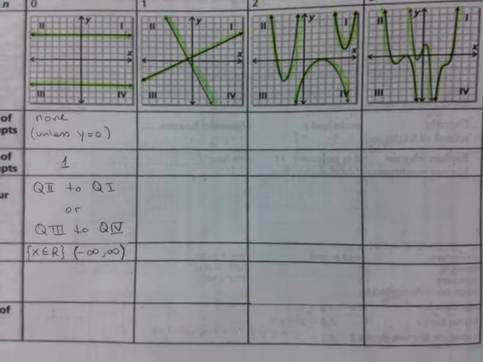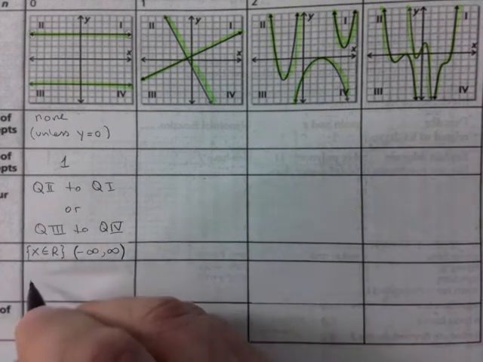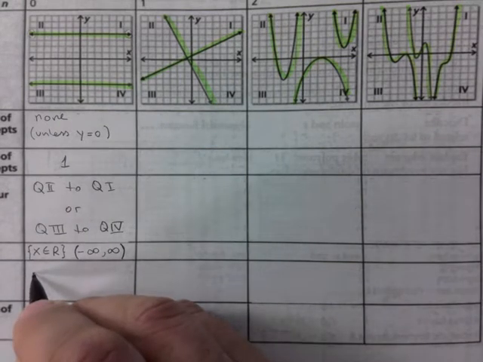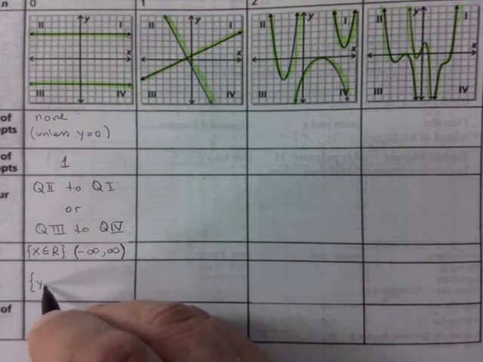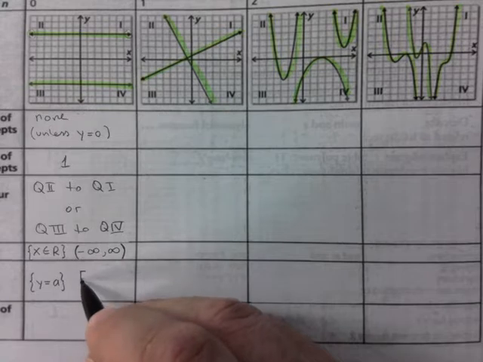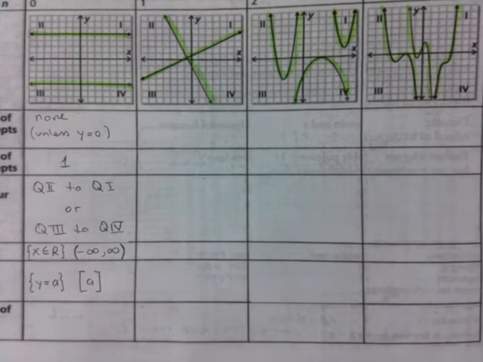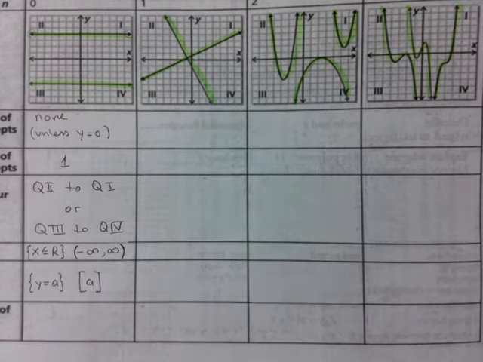We'll do more domain and range as we go. The range: you would go y is equal to a, whatever a is, or you could just use square brackets with that number inside. That's how you would do the range, because it just stays there. It's just y equals a number.